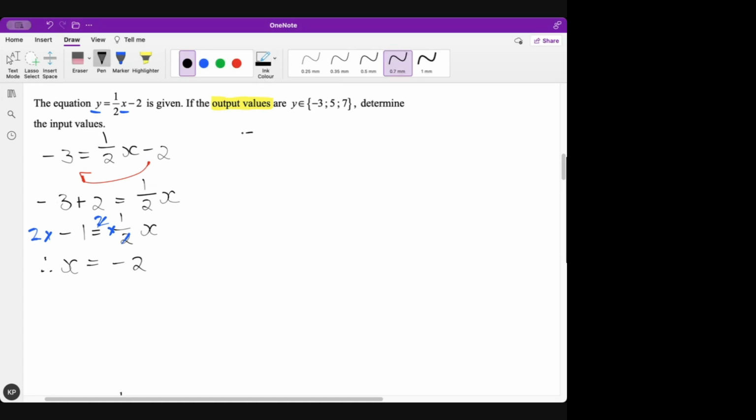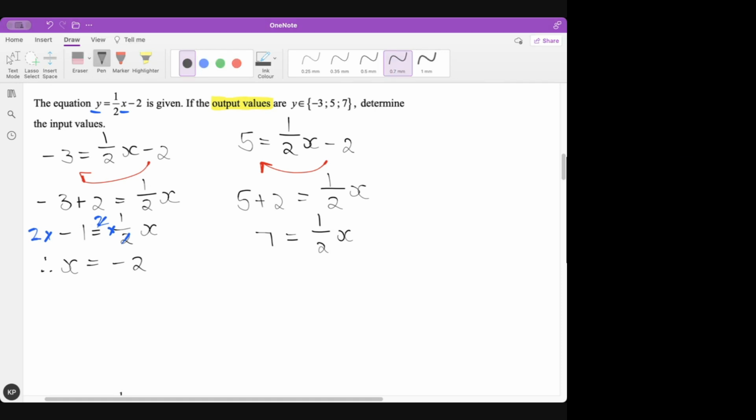Okay, next one. 5 is equal to a half of x minus 2. Same procedure, inverse operation. 5 plus 2 is a half of x. You can also solve this using inspection. Do you guys remember how to solve things using inspection? So you say a half of a certain number is equal to 7.